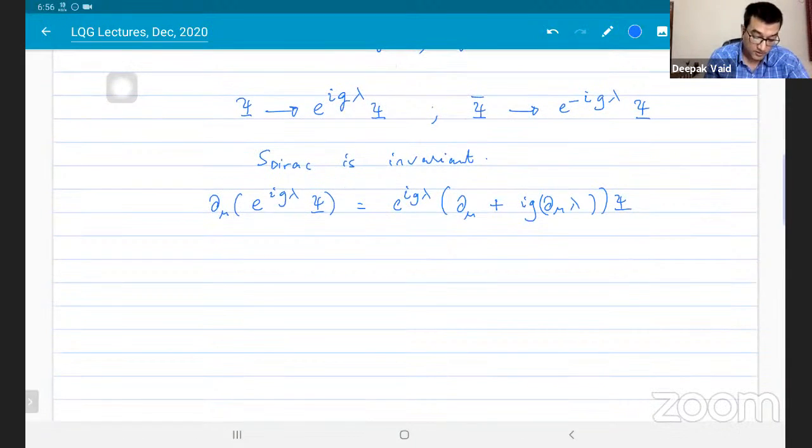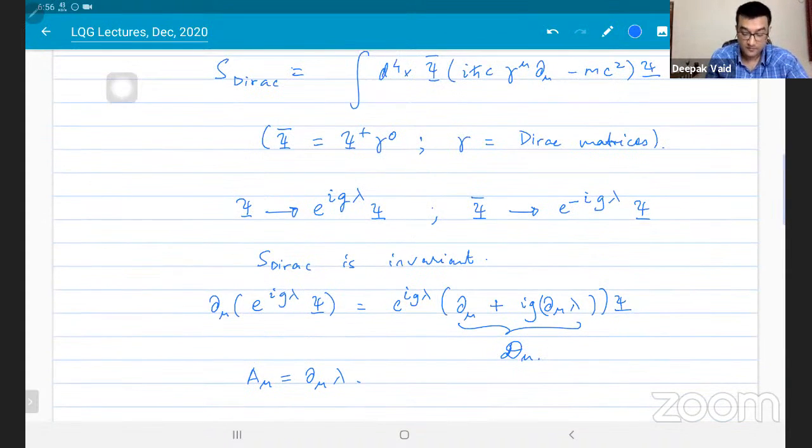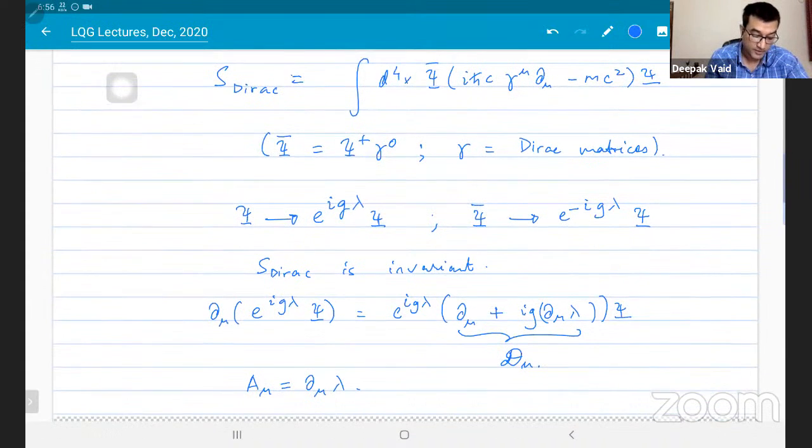This object is what we write as our covariant derivative del mu, and we identify this A mu as d mu lambda. So it's exactly the same thing that happens in the scalar field.